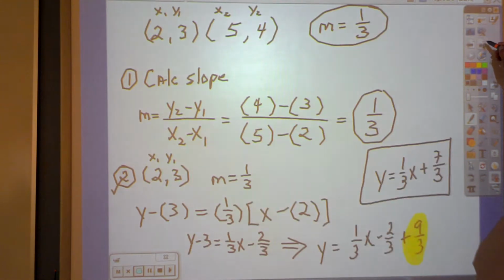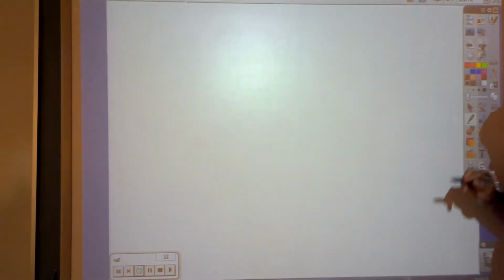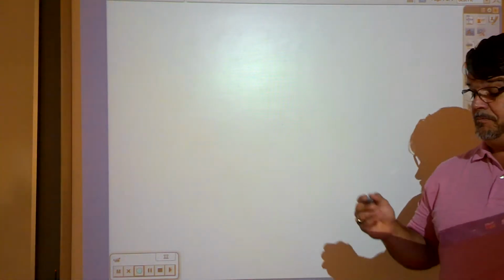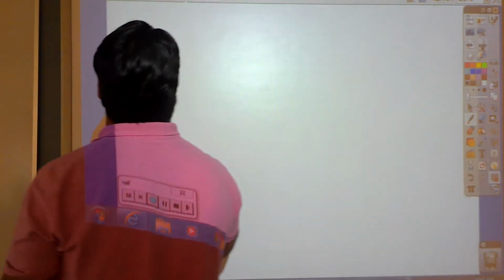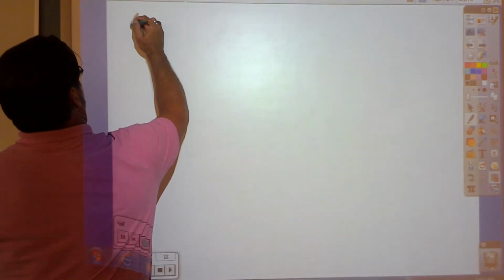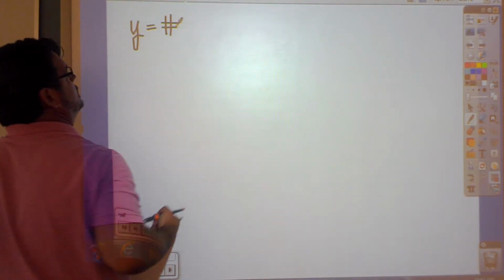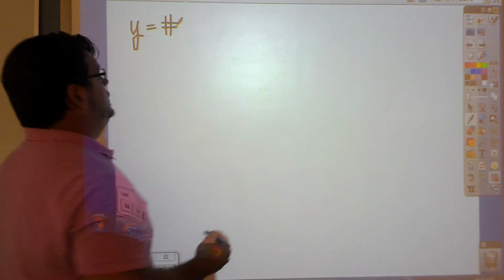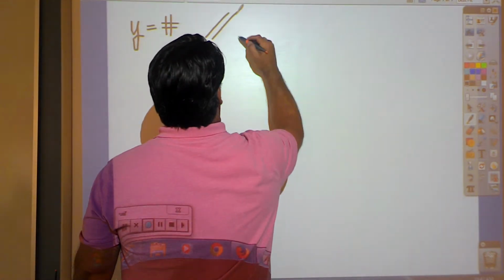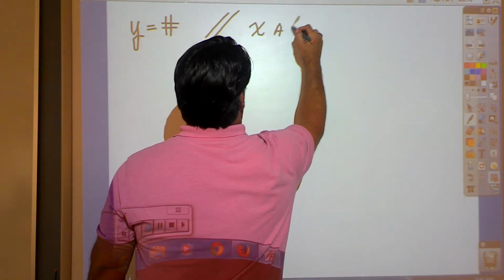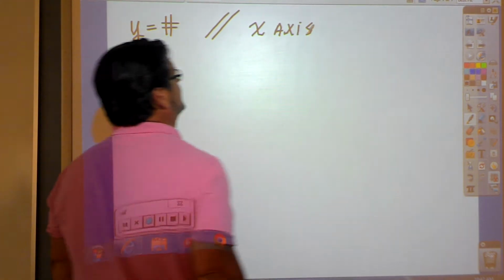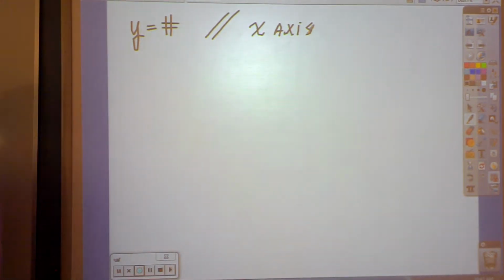Now, there's a couple other properties you need to know. When y is equal to a number, it's parallel to the x-axis. Now let me ask you a question.